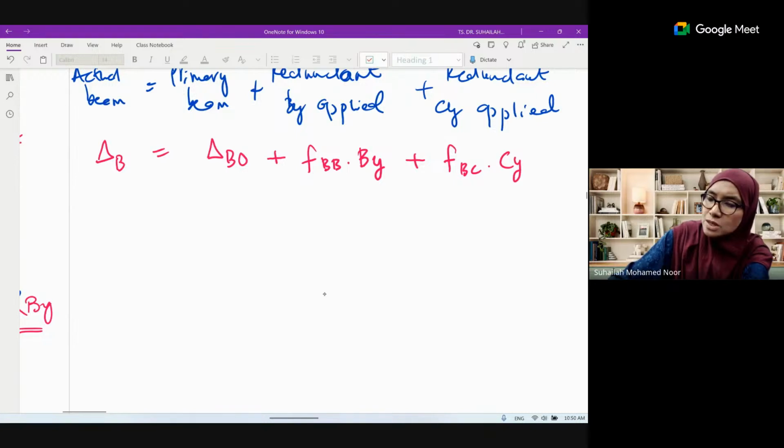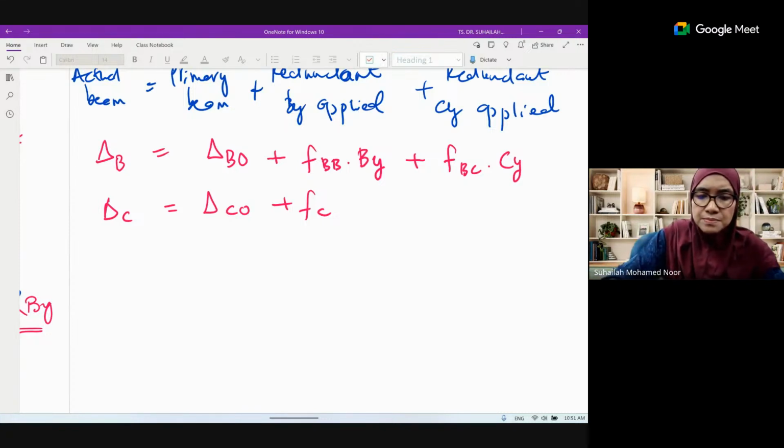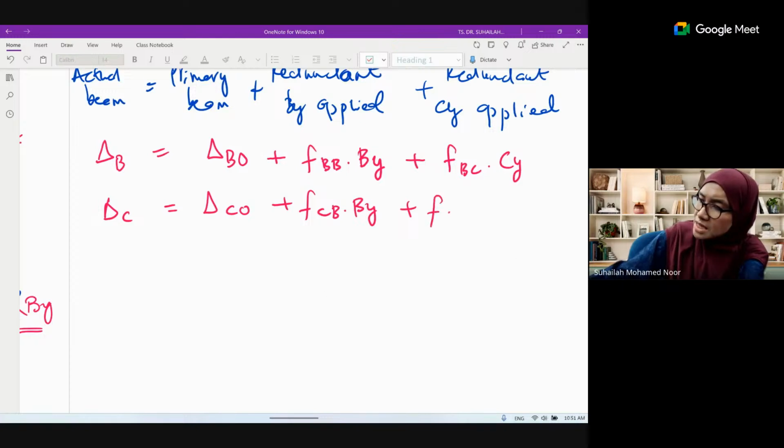At position number 2, delta C is delta C naught plus FCB BY plus FCC CY.